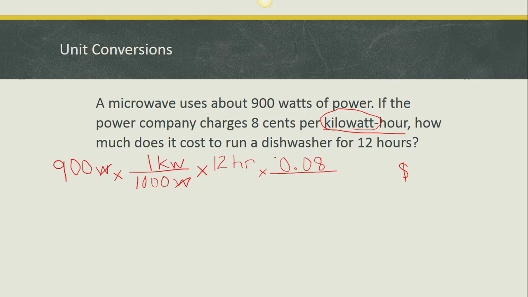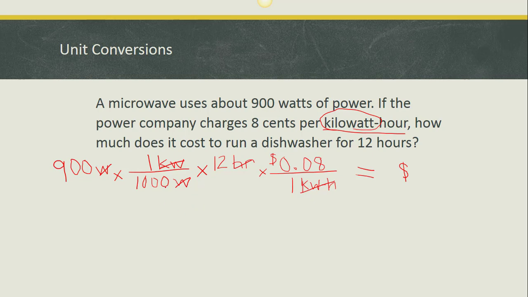And that's cents, so I'm going to do the dollar sign. And it costs that much for 1 kilowatt hour. I think I might have abbreviated that wrong, but this kilowatt hour cancels with this kilowatt hour. So now what we're left with is just money.